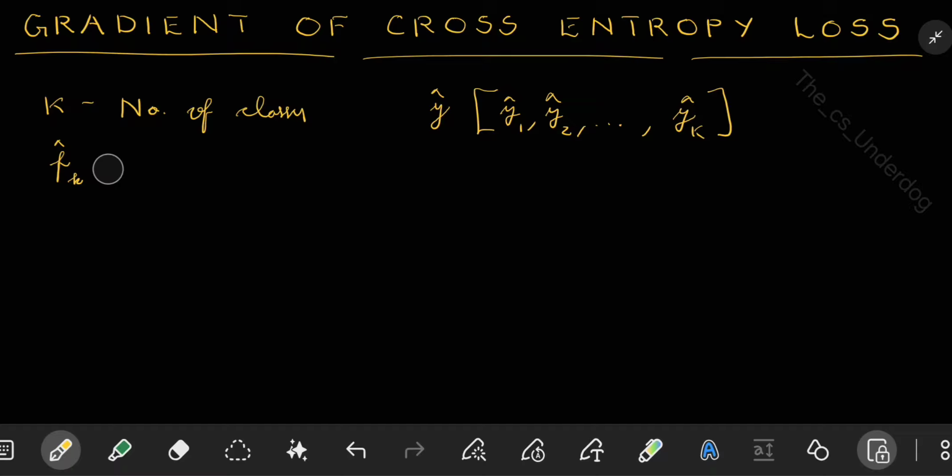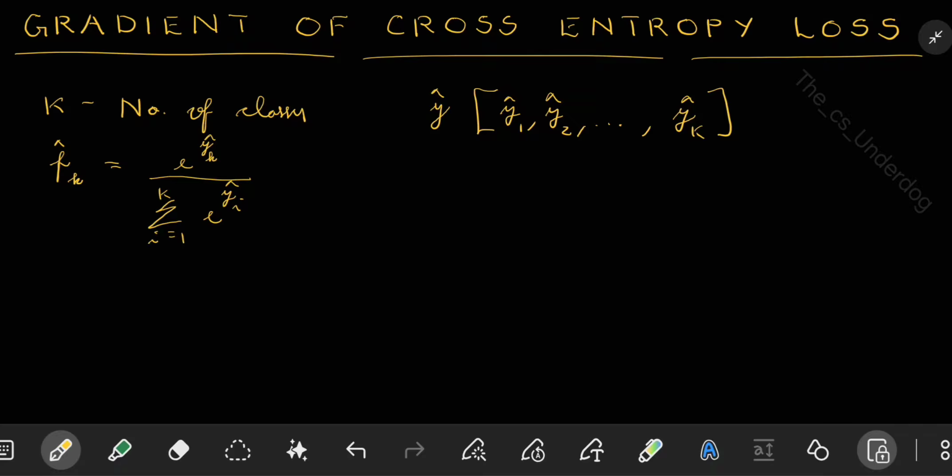What did we discuss in the last lecture? What is the probability? Using softmax, you can say this is e power yk cap, divided by the sum of all e power yi caps, that is, from i equal to 1 to k, for each class e power yi cap. So this will provide softmax.